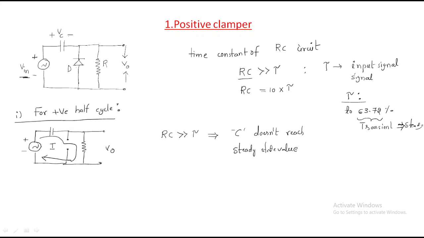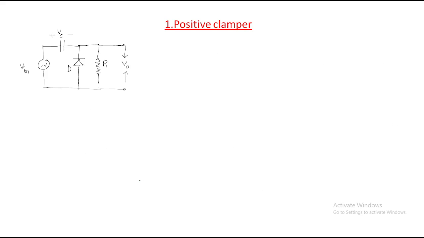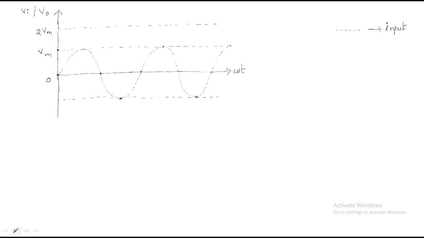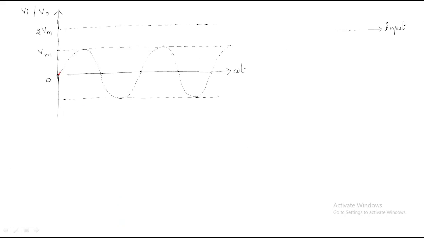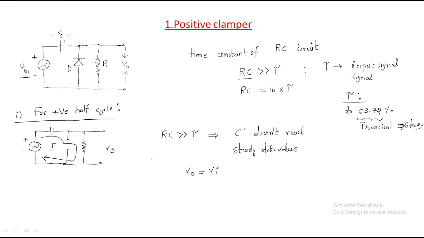So the capacitor simply doesn't affect the signal, and the output follows the input. We can write the waveform like this. It is better to write it in another ink. For this period, the output, red is the output, will follow the input. So this line is the output line. And this is for the positive half cycle, simply.